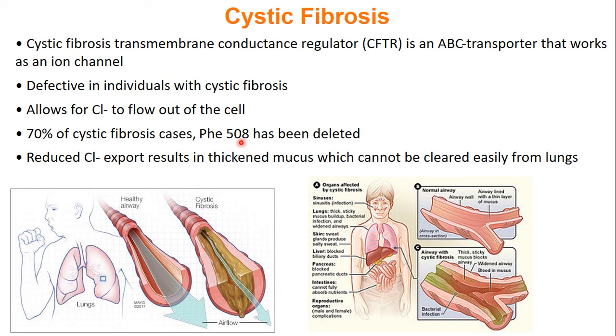Once that's deleted, you can't really flow chlorine out anymore. Since you're not getting chlorine out, you're going to get a thickening of the mucus. You can get some bacteria in there and just a clogging of your airways.